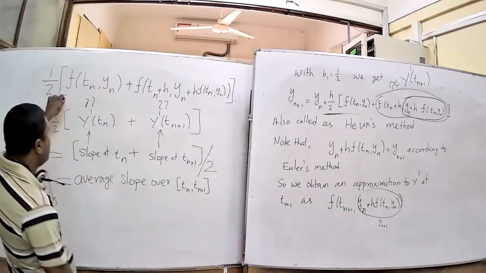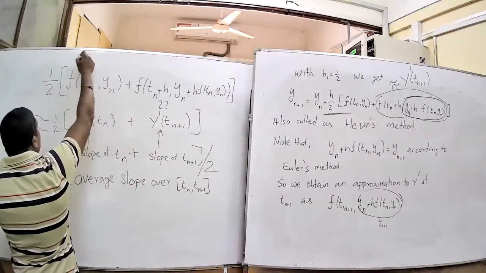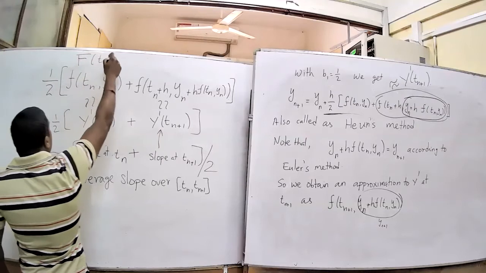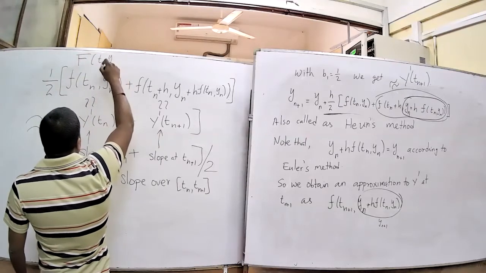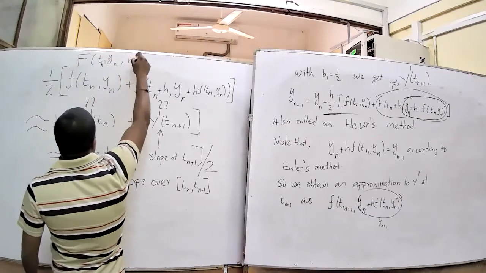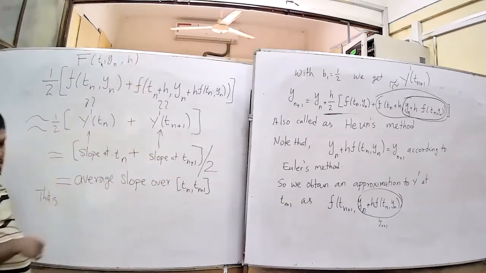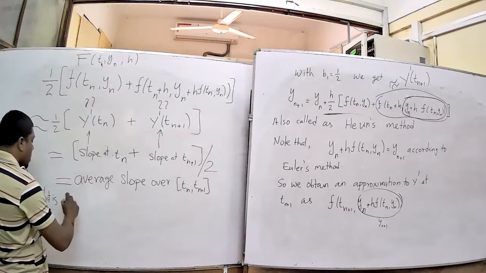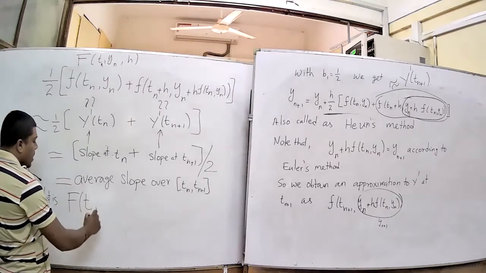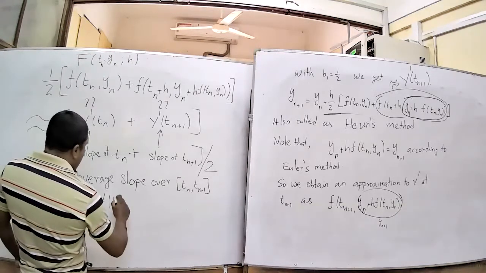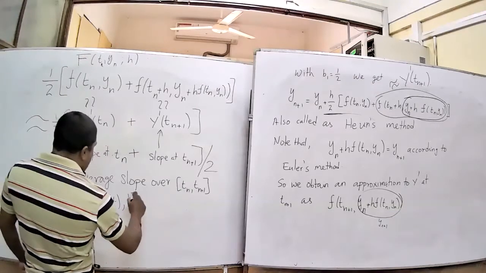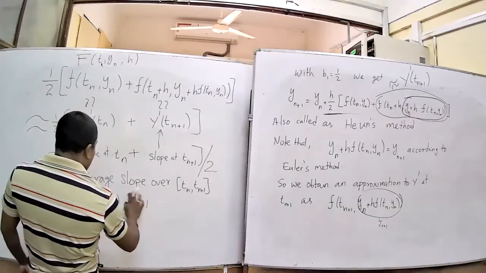Now you know this is basically the capital F. So you have capital F of Tn comma yn and h. This is what your capital F is, that is capital F at T comma y of T with h.